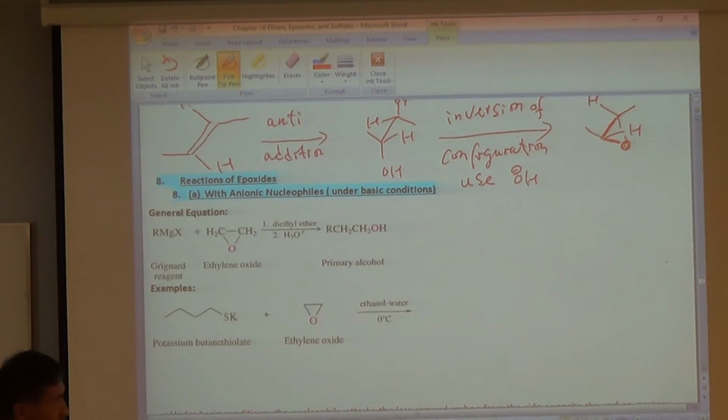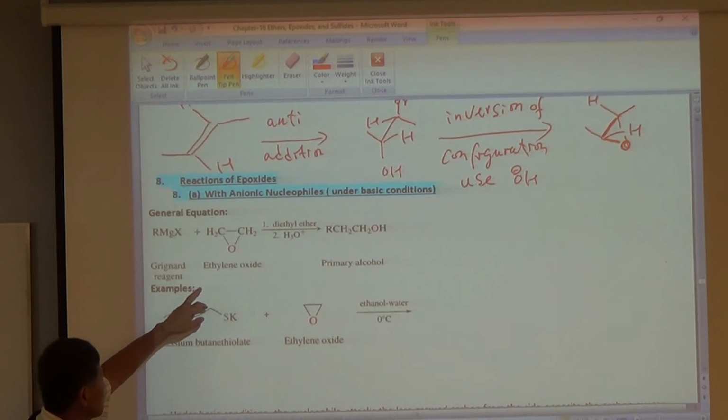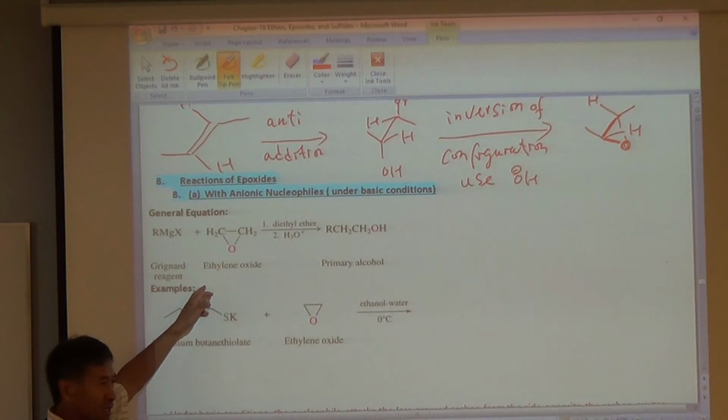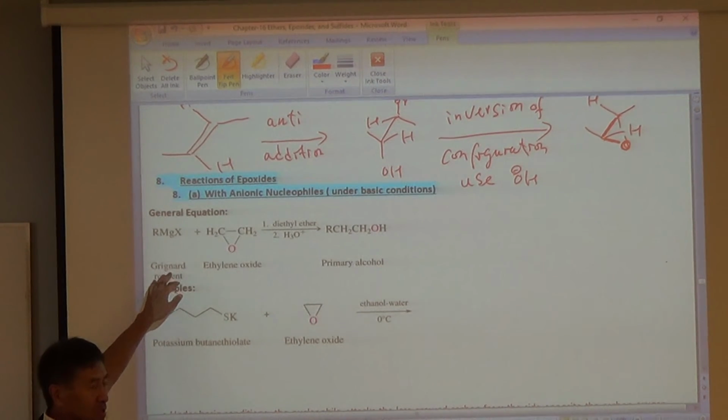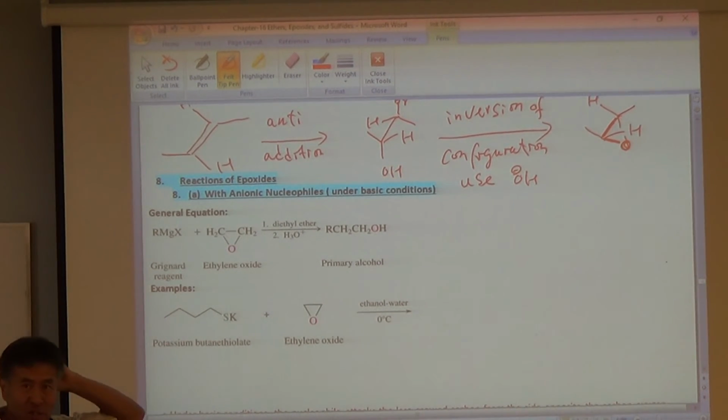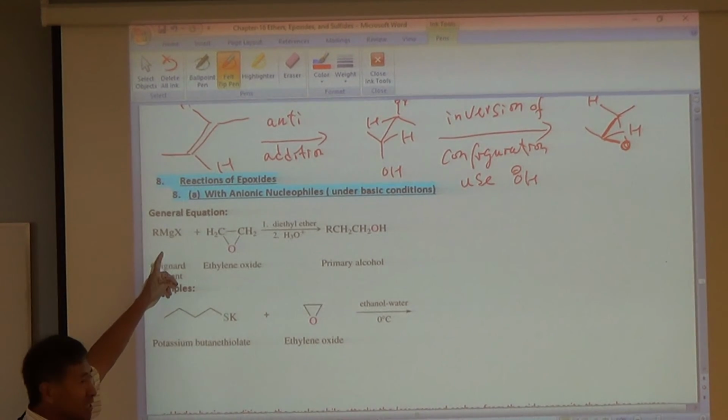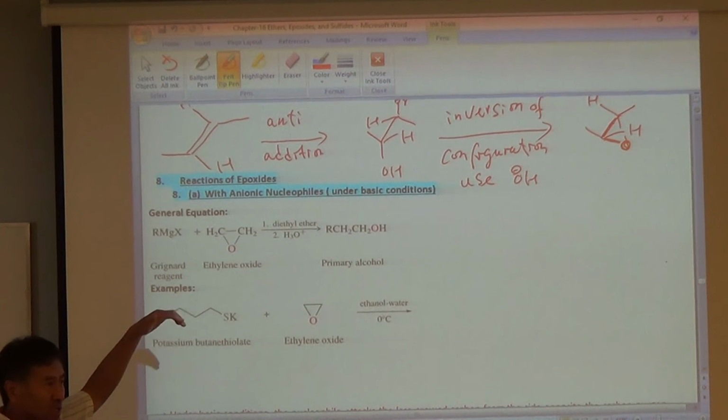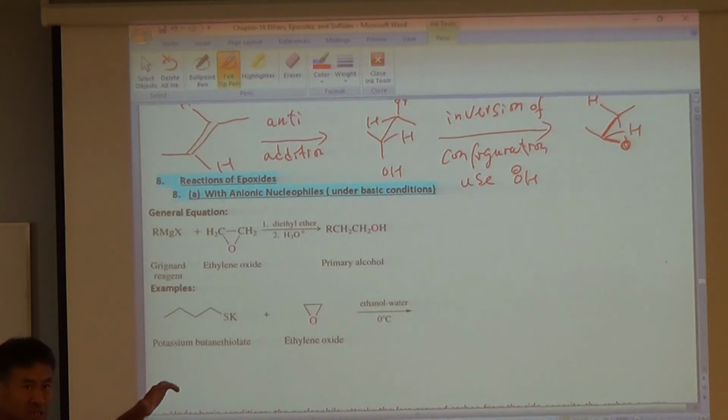So one generic equation, you will take this very simple epoxide and add in a Grignard. Even though you do not see the anion, in the Grignard the magnesium is a positively charged cation, and R is a relatively negatively charged anion.